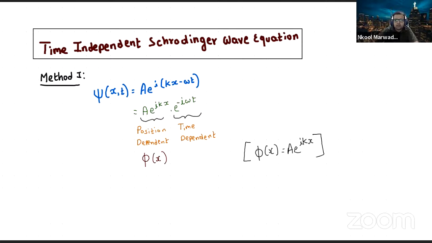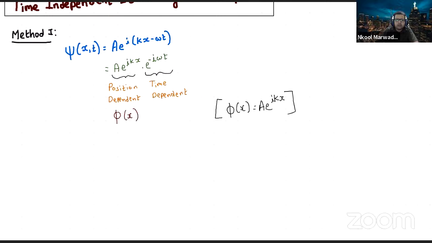After plugging this in, we will get a refined wave function which will look like this: psi, a function of position and time, equals phi x, the position dependent term, times e to the power of minus i omega t, the time dependent term, written as it is.